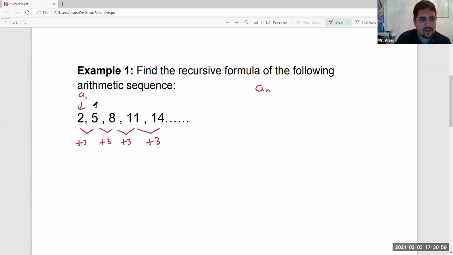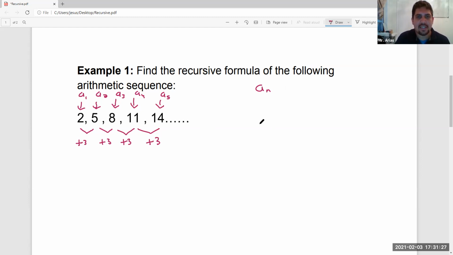And that being said, we can call 5 a sub 2, which is the second term. By the same reasoning, we have 8 as a sub 3. 11 is a sub 4. 14 is a sub 5. And then if you can just keep going like this, you will realize that any given term of your choice in this sequence can be called a sub n. And it's going to just take the value of the position of the term in your sequence.